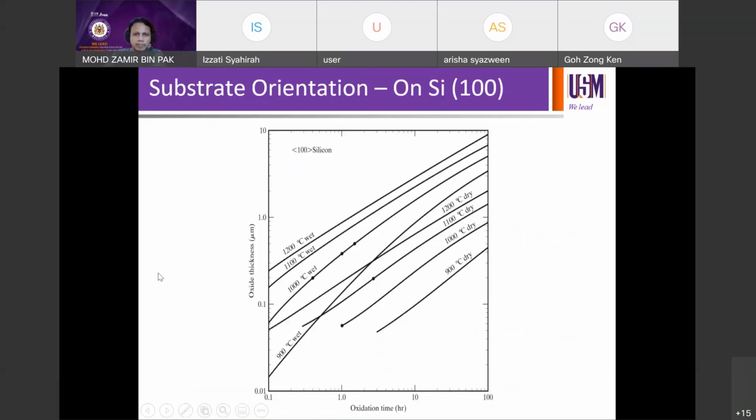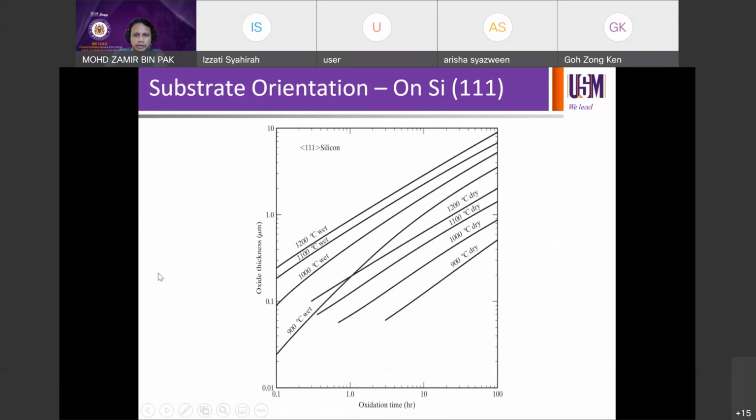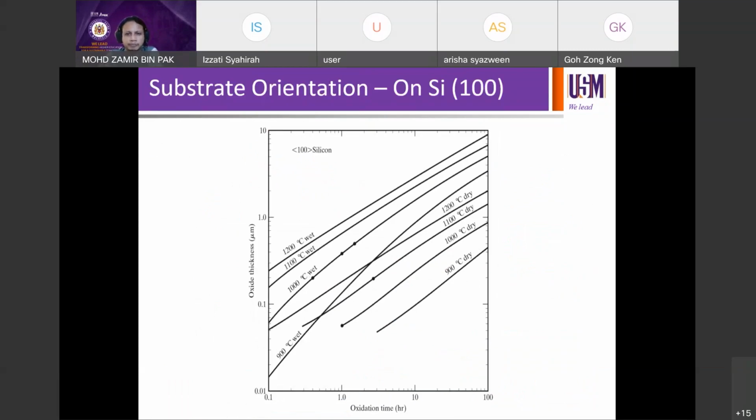Okay, let's have a look. Now, let's compare this. For example, let's pick an oxidation process. Now we are using a 100 wafer. Let's say we are running a wet process, 1000 degrees Celsius, for 1 hour.